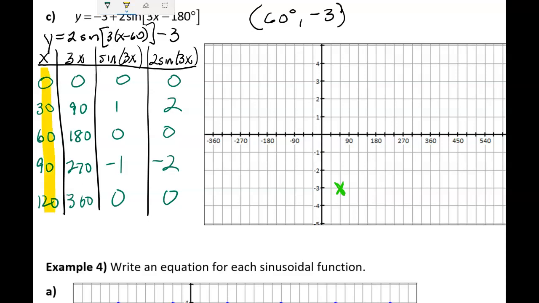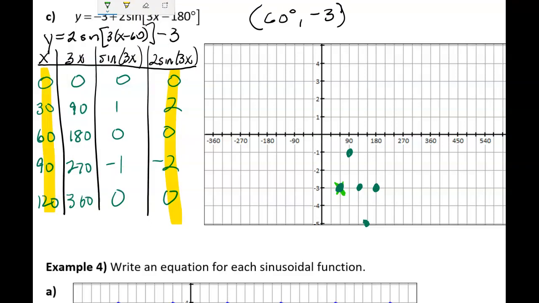So we're going to use our first and last columns. So 0, 0 from the new origin, over 30 up 2 from the new origin, over 60 up 0 from the new origin, over 90 down 2 from the new origin, and over 120 down 0 from the new origin.